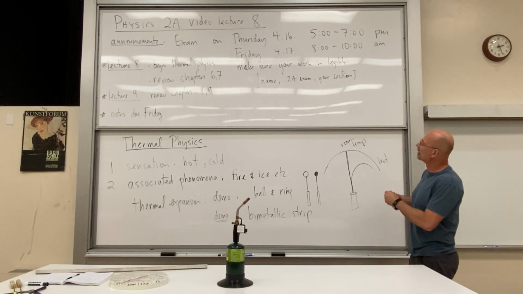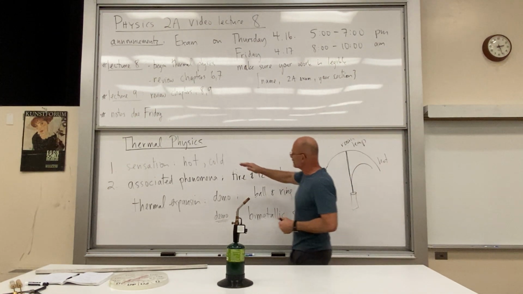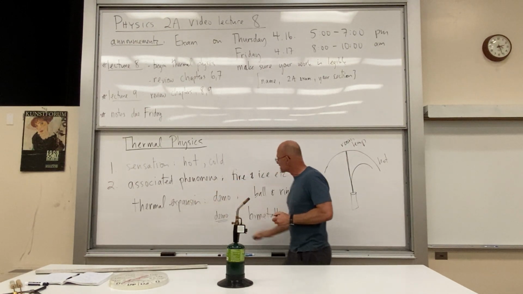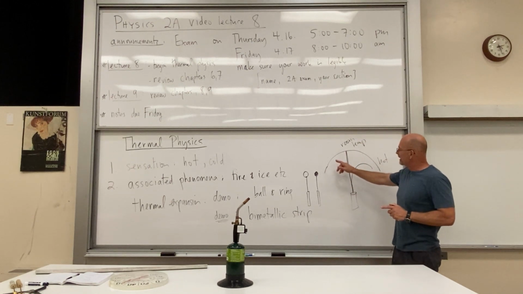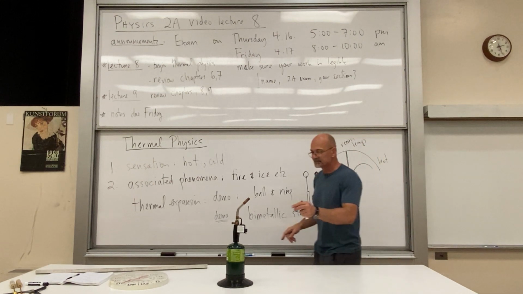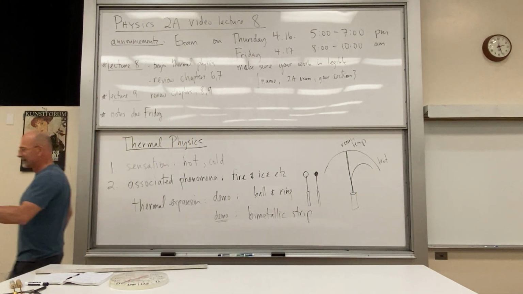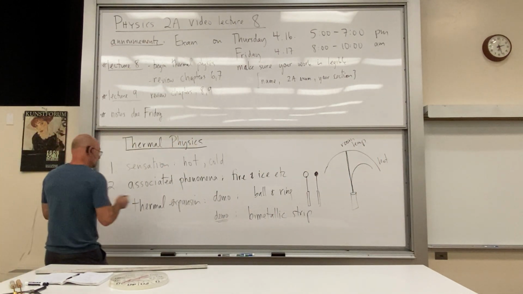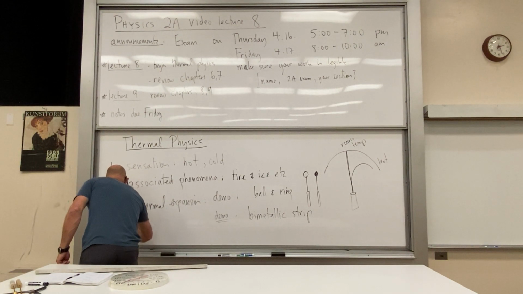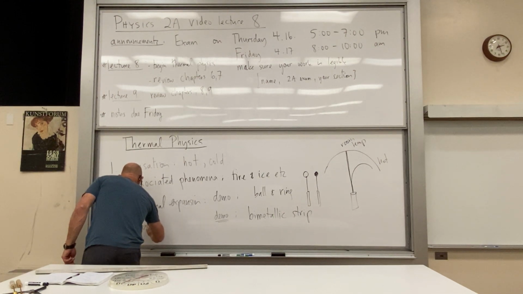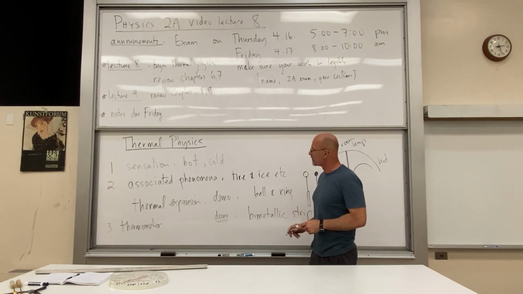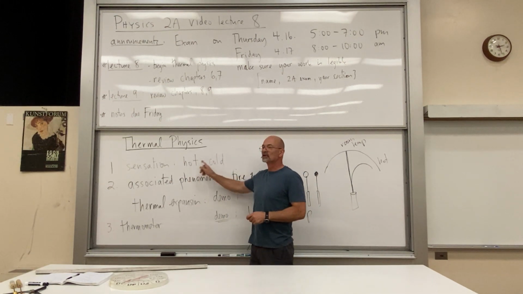So here's the progression of ideas. We've got the sensation of hot and cold, we've got these phenomena, and we have this particular phenomenon of thermal expansion, and the thermal expansion allows us to have thermometers. So in this progression here, we're now going to write thermometer, and that's just some object that makes use of a physical property to tell you whether you have hot or cold.